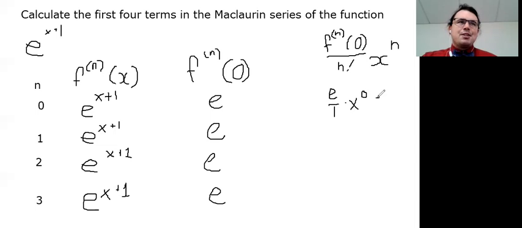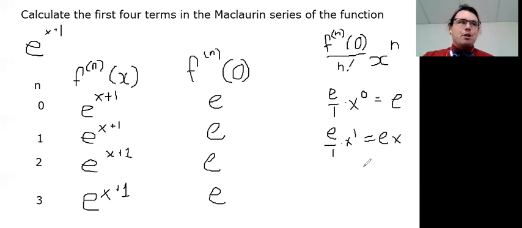So that's really just constant term e. My number 1 term in the Maclaurin series has numerator e, denominator 1 again. This time it's 1 factorial, but that's still the number 1, times x to the power 1. So I'll say this is e times x.